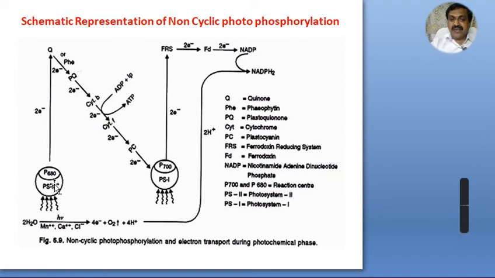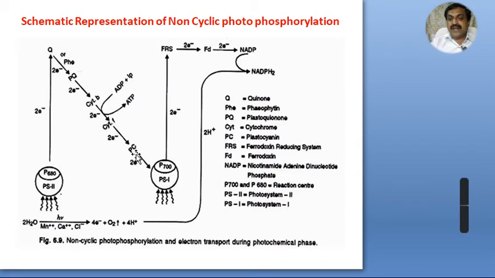When it goes to an excited level, it also expels one of its electrons from the valency orbital, and this electron passes through various electron acceptors, as you can see here: plastoquinone, cytochrome B6, cytochrome F, plastocyanin. Likewise, it passes through various electron acceptors, and the electron of the P680 ends its journey with P700.